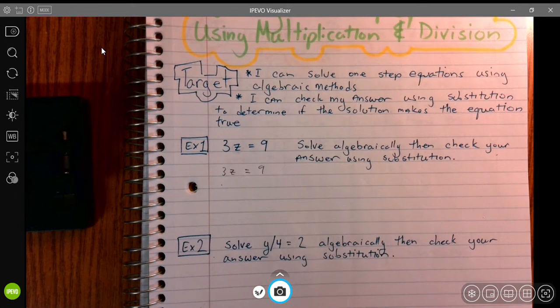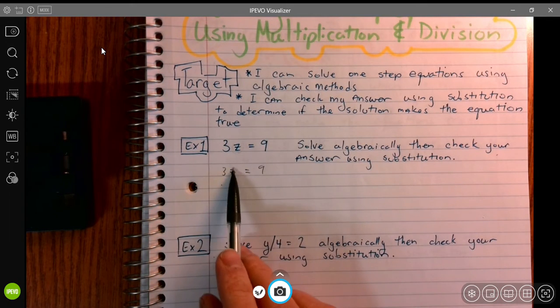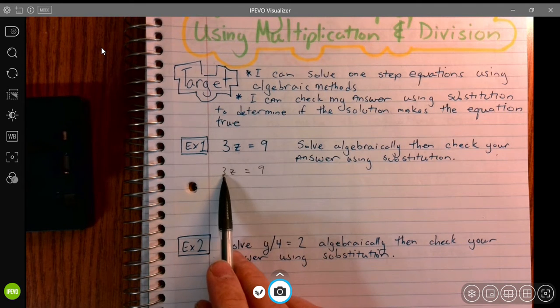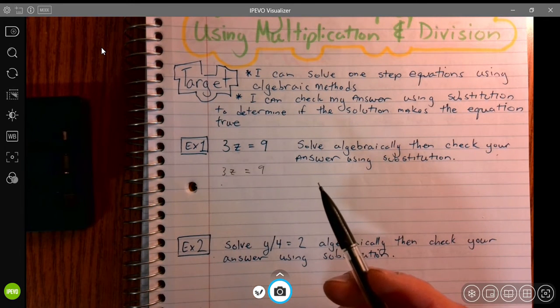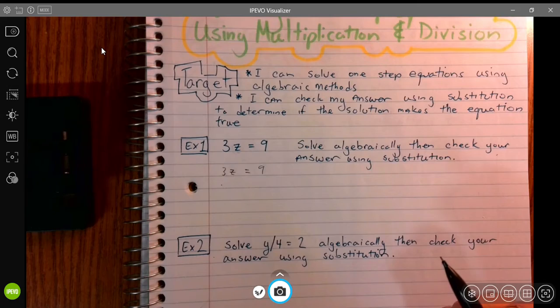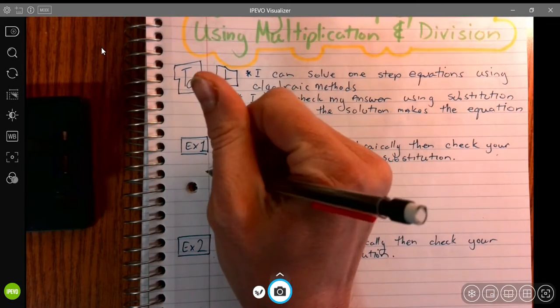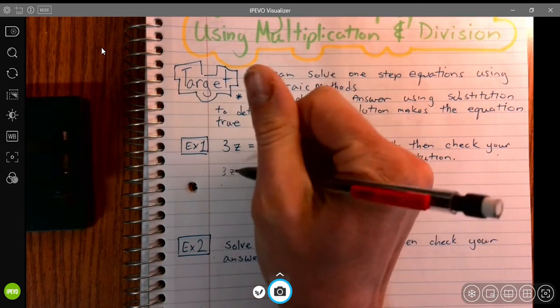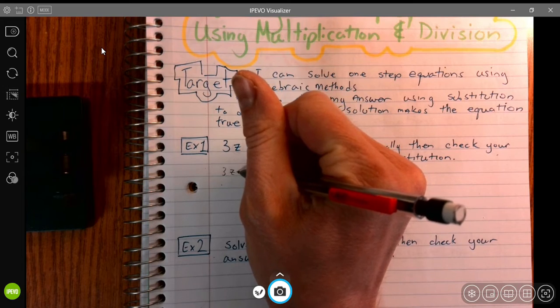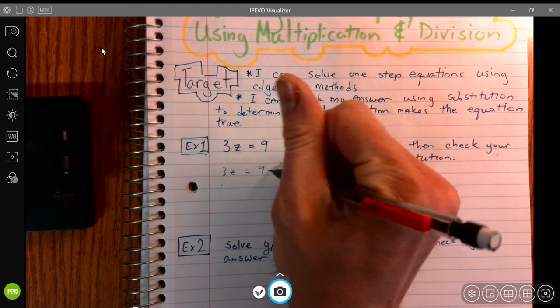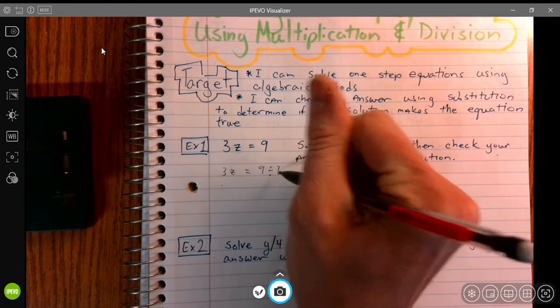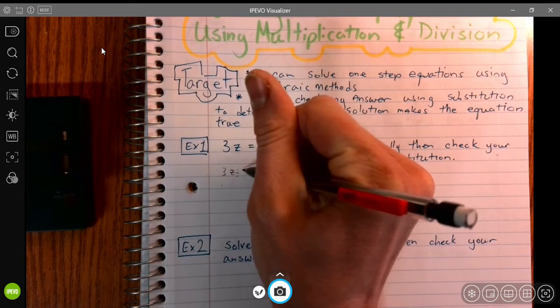Now if I want to get this variable alone and it's being multiplied by 3, I need to perform the inverse operation. And what's the inverse operation of multiplication? It's division. Okay, so I'm going to divide both sides of this equation by 3.